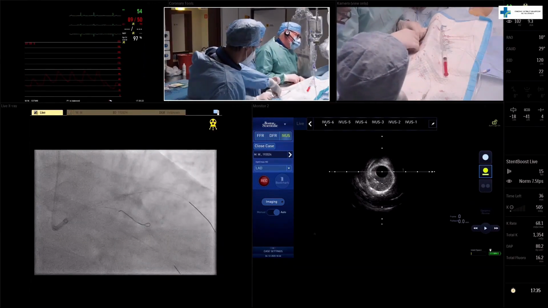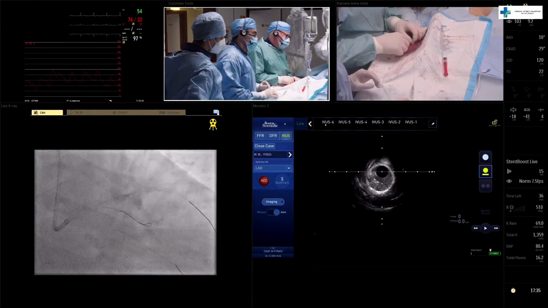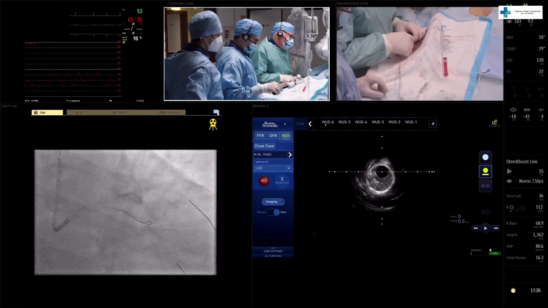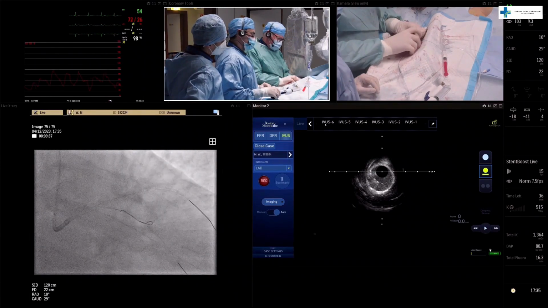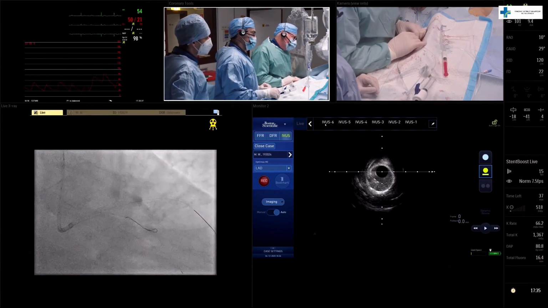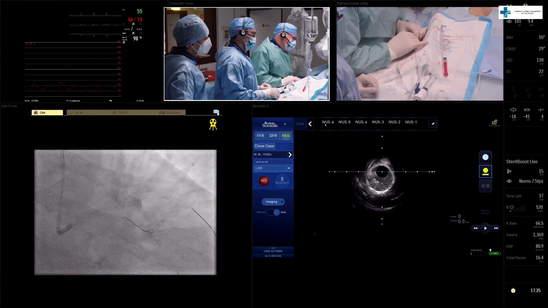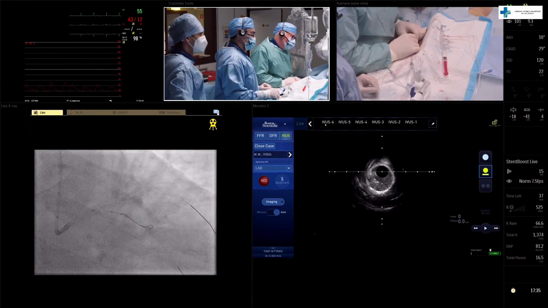So we have 2.5, 12 millimeter long non-compliant balloon already on the wire going to circ, and we have also 3.5, 15 millimeter long on the wire, which is in LAD diagonal. So this is 2.5 balloon. I will try to go through the stent struts to the circ, and it was very easy.